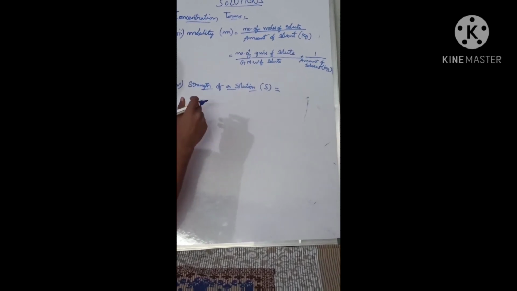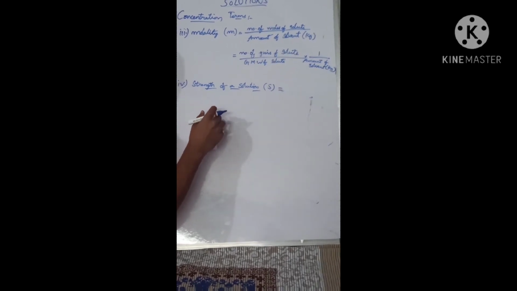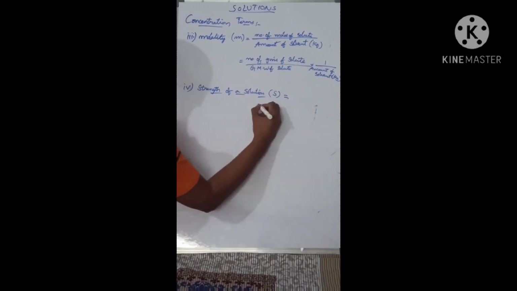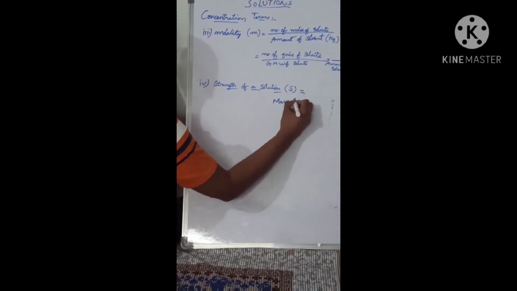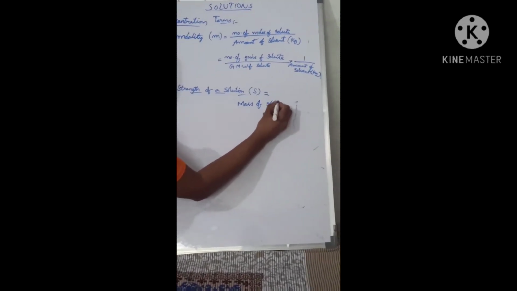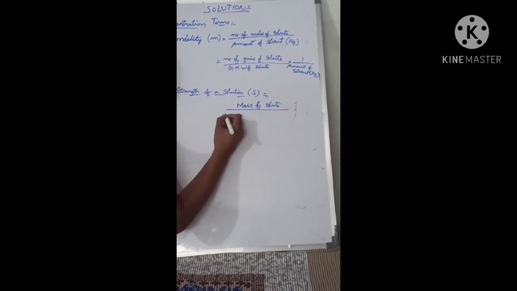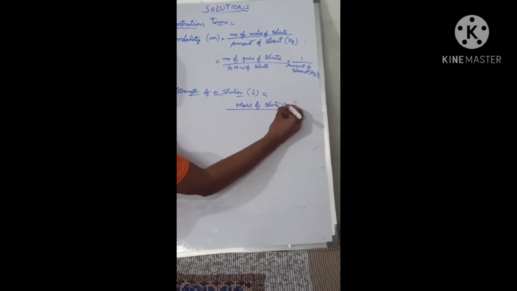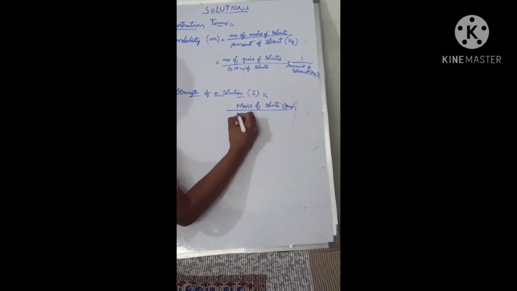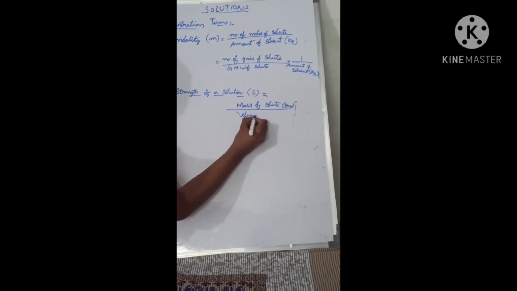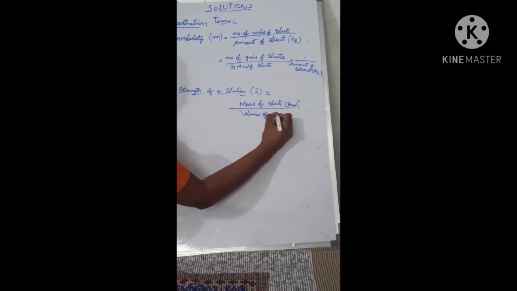It is the mass of solute in grams divided by the volume of solution in liters.